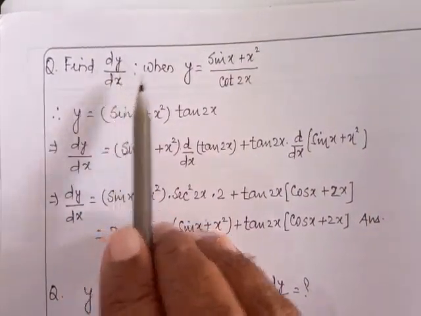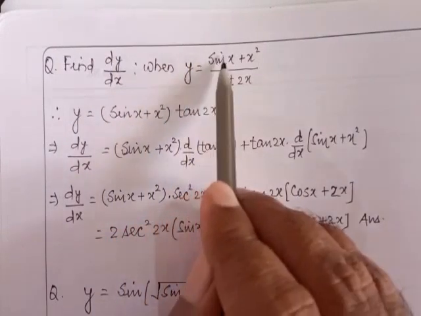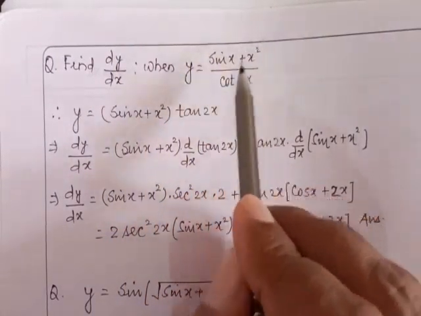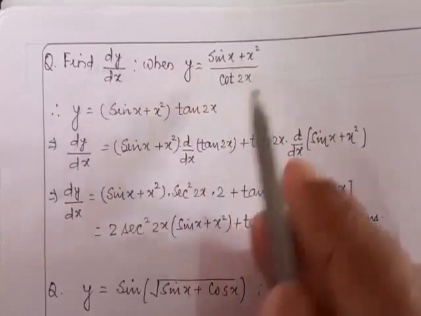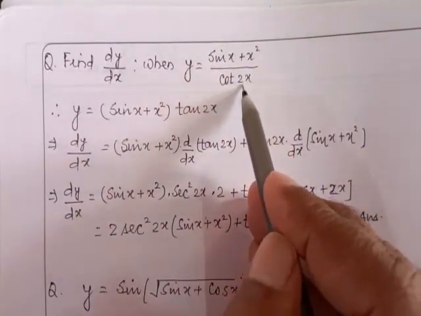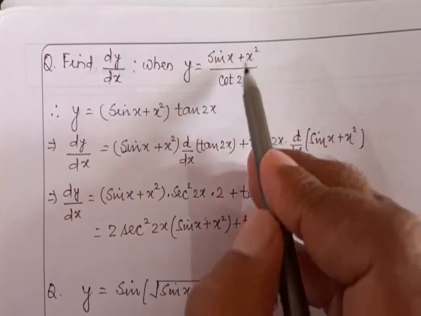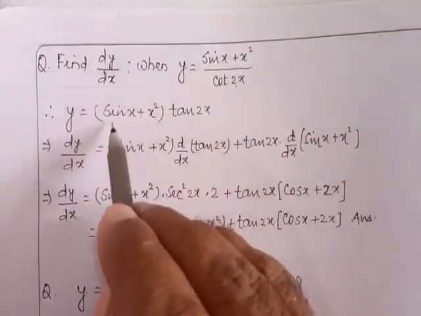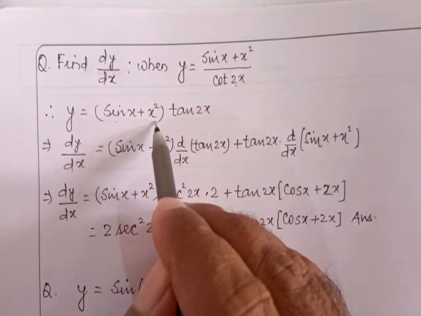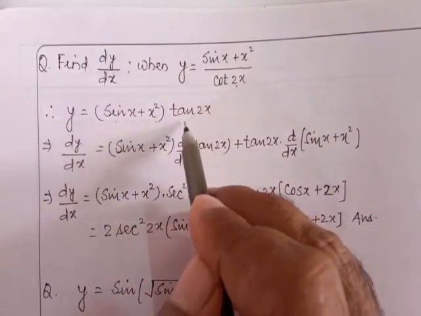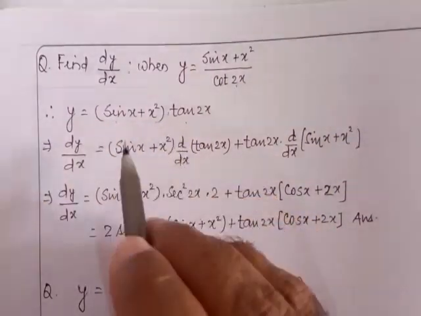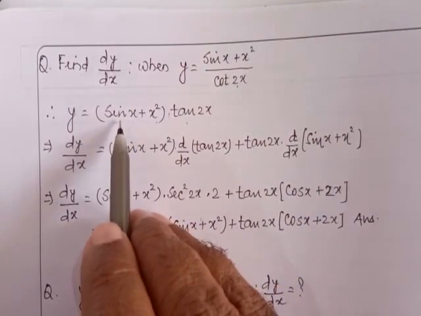Now students, come on to the next question. Find dy by dx when y is equal to sin x plus x square divided by cot 2x. See, cot 2x in the denominator becomes tan 2x in the numerator. So just change it: sin x plus x square into tan 2x. There are two functions of x.